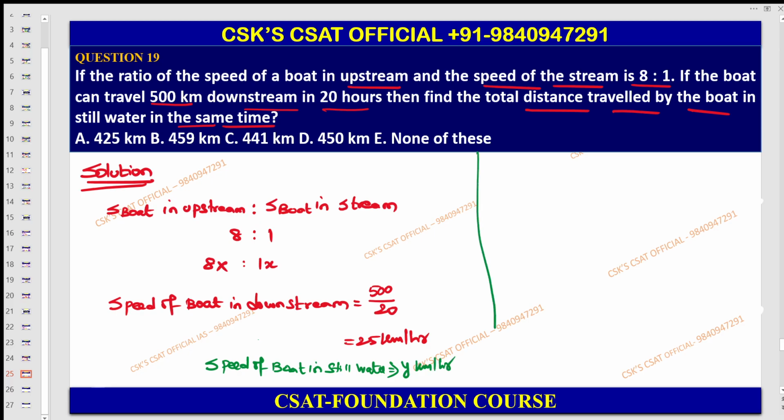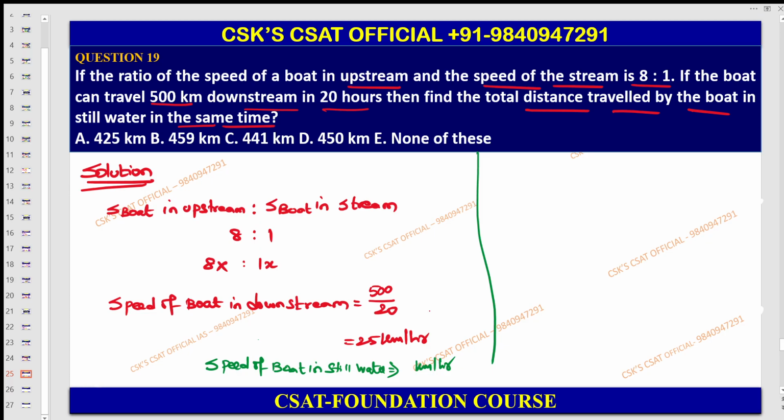Now you are able to find out the downstream speed, then easily you can find your other value. Let us take this as some other variable, because x is there. Some other variable we can take, p and q, that is better.